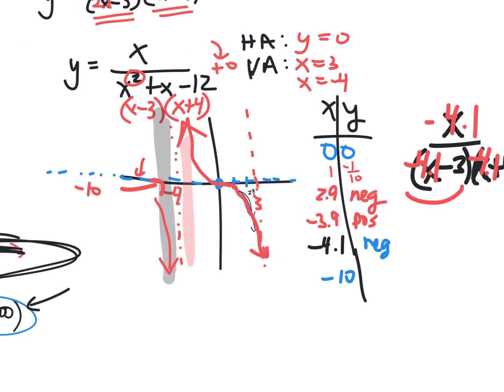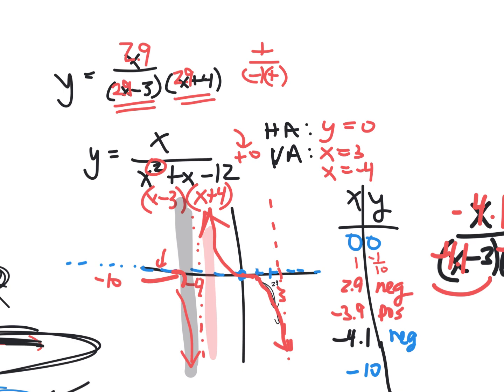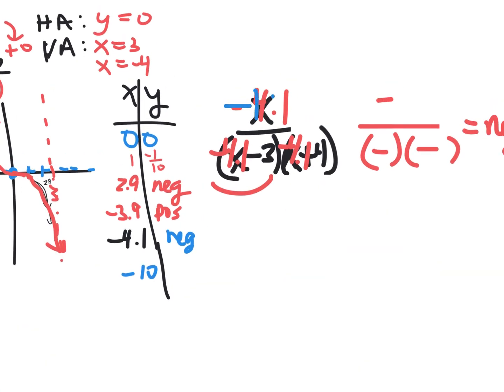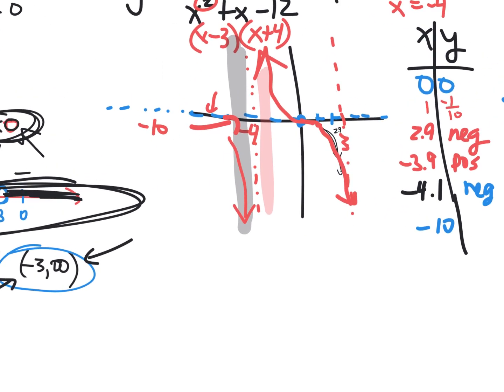And when I stick in negative 10, it's a negative over a negative and another negative, right? Okay. So I think overall the thing ends up being negative, which means it stayed below the asymptote.